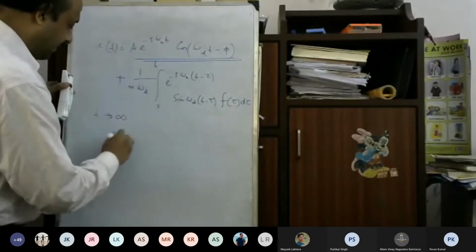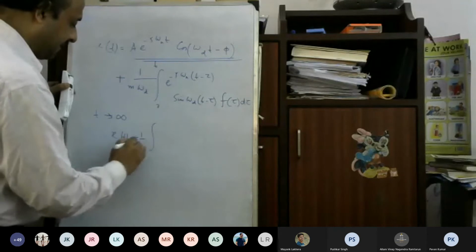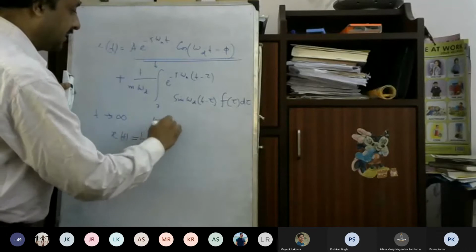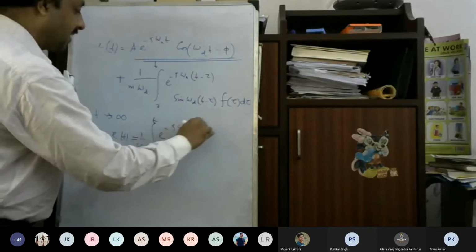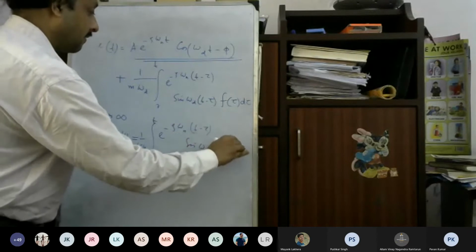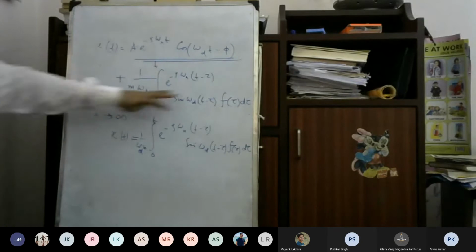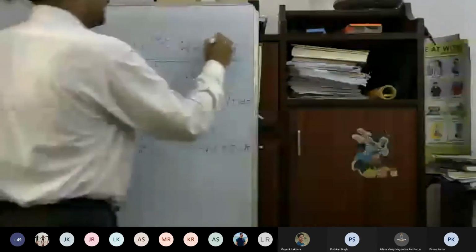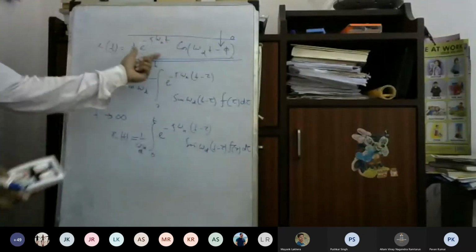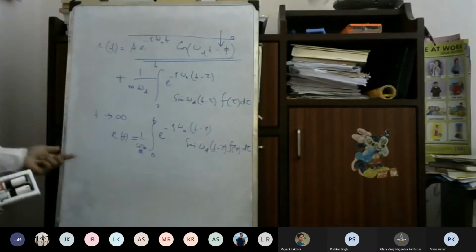So x(t) will be 1 by m omega d times the integral from 0 to t of e to the power minus zeta omega n (t minus tau) sine omega d (t minus tau) f(tau) d tau. At t tends to infinity this term will remain, because the other term will go to 0, vanishing because of the e to the power minus zeta omega n t term, but this term will actually remain.